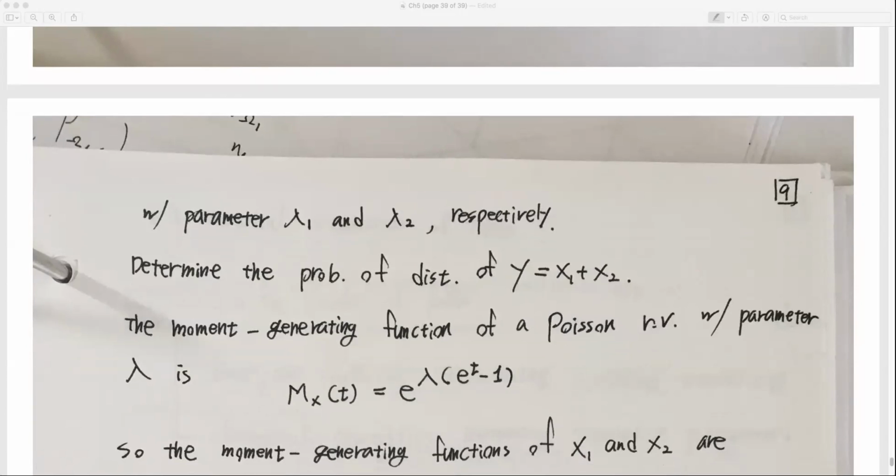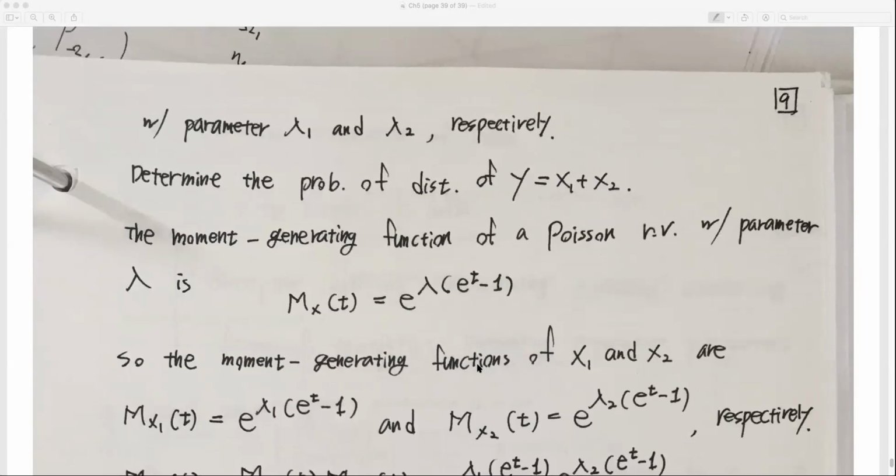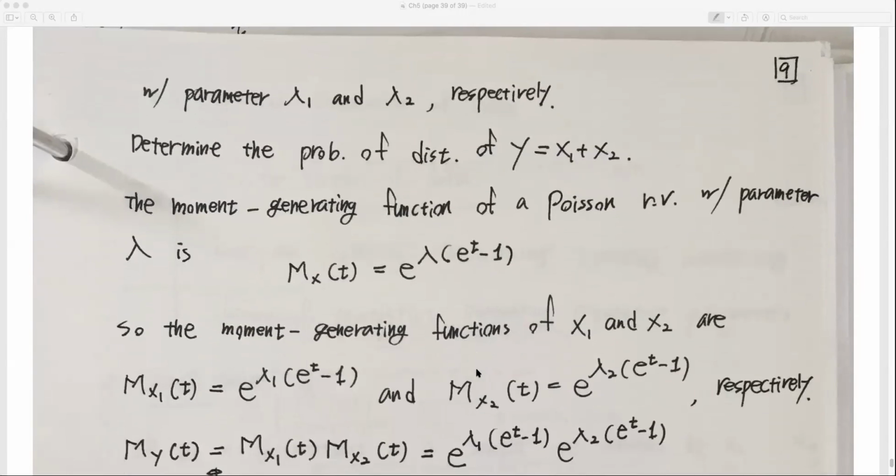Okay, so the moment generated function of a Poisson random variable with parameter lambda is given as e to the lambda times (e to the t minus 1). We'll just use that, since it's given in the problem.